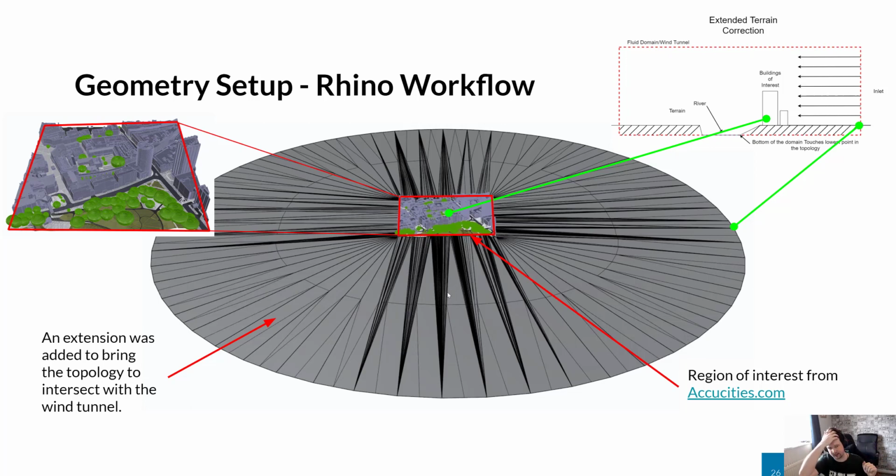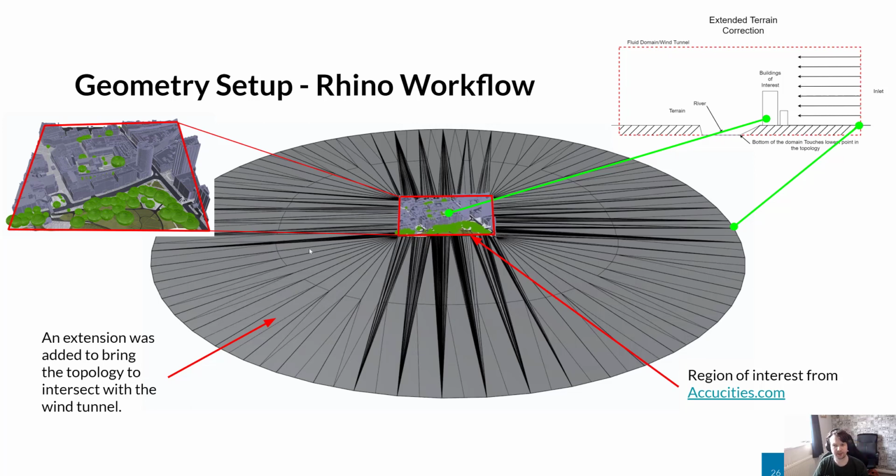To do this, the best way is to just take the border of the topology that we've got, in this case it was a square, and extend it out to some circle that centres around the middle of the geometry. Now, how big your terrain extension should be depends on how big your geometry is, but as a general rule of thumb, if you extend it out to 2 to 5 kilometres, you should be good and well in the clear.